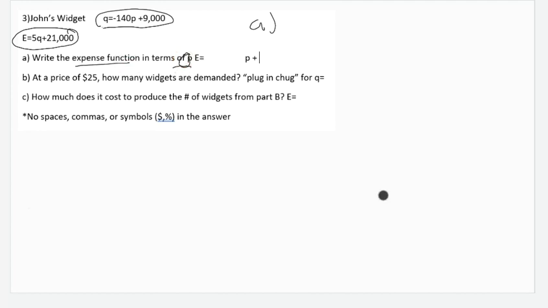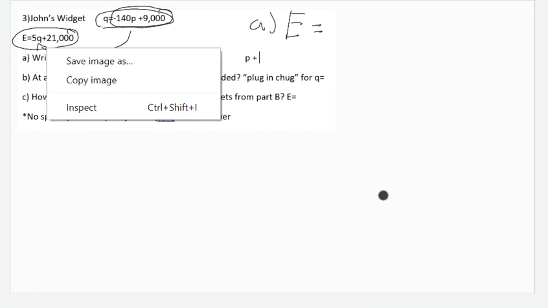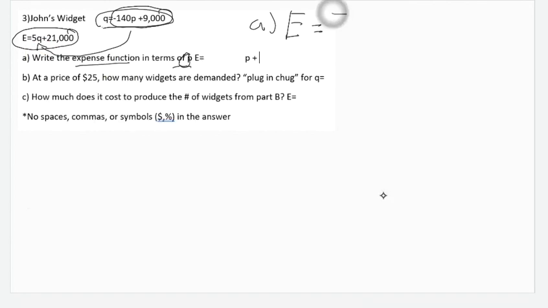That means we have to substitute in. Sorry, let me go back. We're going to write E is equal to, so expense is equal to. I'm going to substitute this in for Q into that function. So I'm going to have 5.